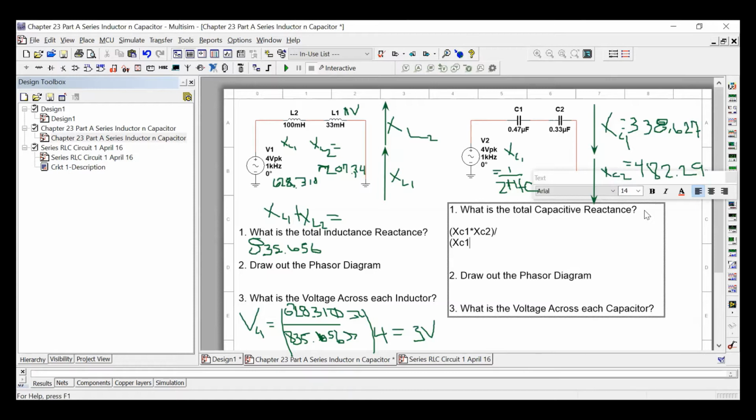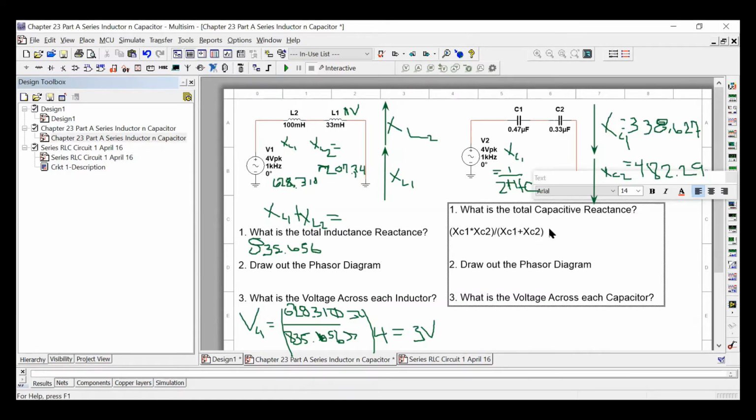That should give us X of C total. At 964.58. All right, that sounds a little too high.